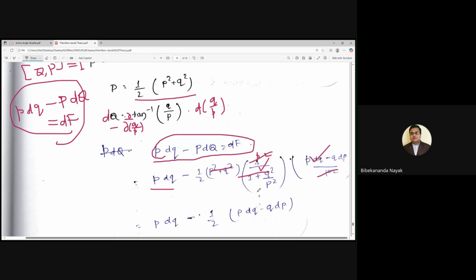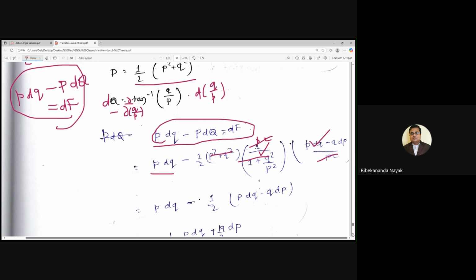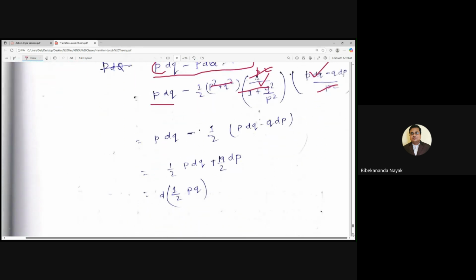So basically this is nothing but p dq minus half p dq minus q dp. Which is very easy. So which is nothing but half p dq. From p dq we subtract half p dq plus half q dp. Which is differentiation of half pq. So the transformation is canonical because we get the differentiation of one function.